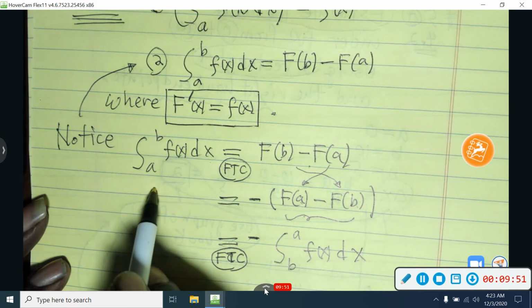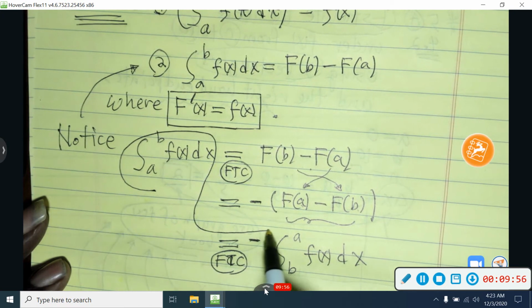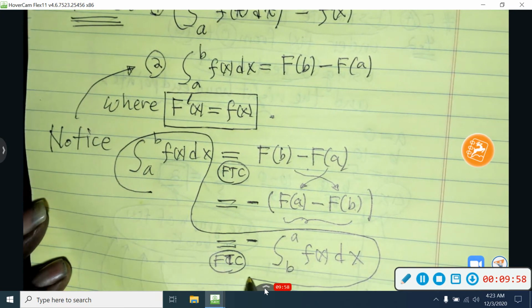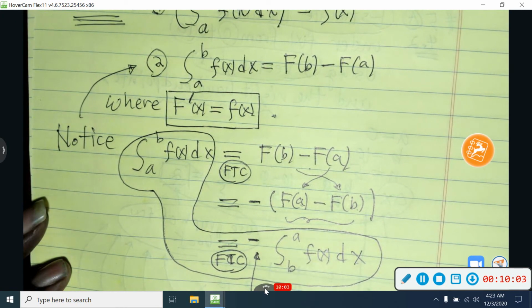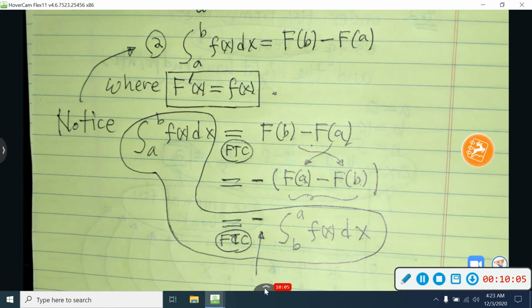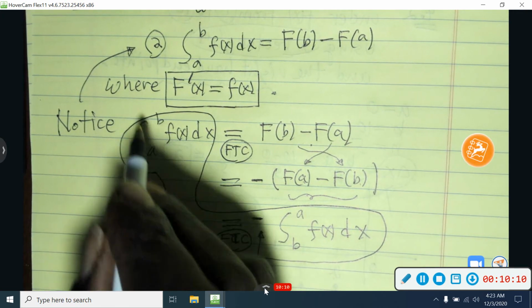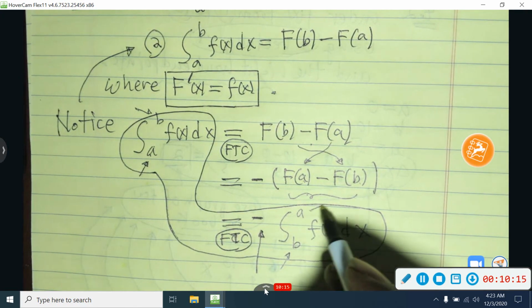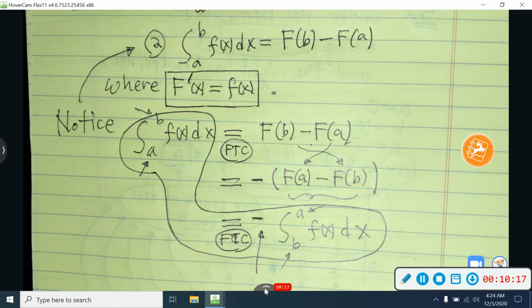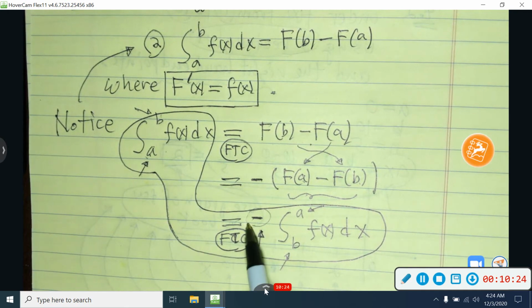And so voila, you can switch the order of those numbers a and b if you're willing to put a negative sign. So you can switch the order of these numbers here. See? They've been switched, a to b, b to a, as long as you put a minus sign here.